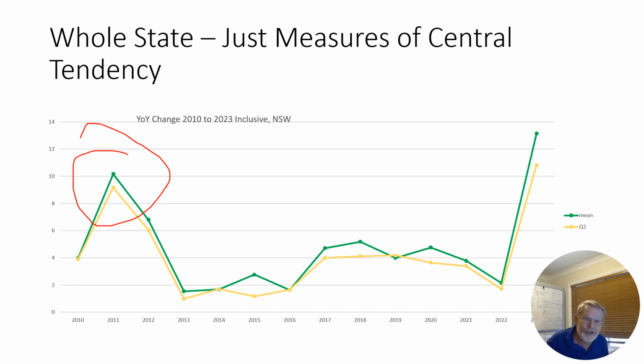So we need to look at unit costs to get a slightly sensible comparison. You can see that prior to the inquiry, as always happens prior to inquiries, same thing happened in Queensland and Victoria, those year-on-year changes were high. That's what precipitates an inquiry.